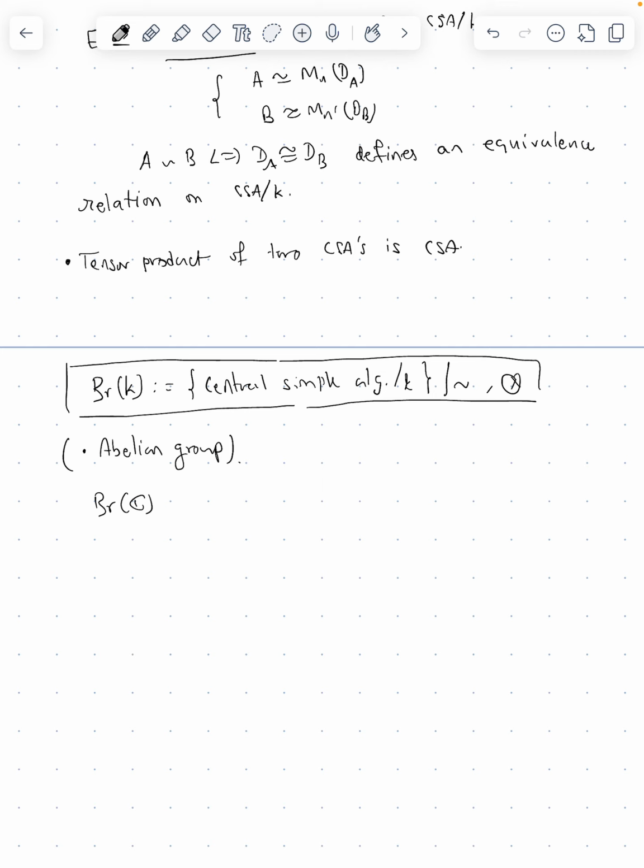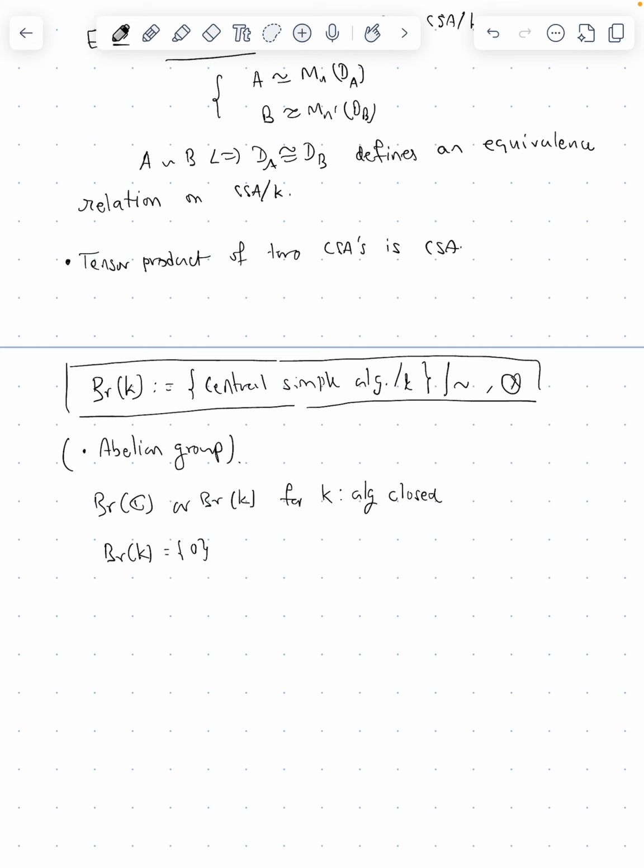if you take C, or in general any algebraically closed field, then it turns out that this group is just trivial, because for an algebraically closed field, there are no non-trivial central simple algebras over it.